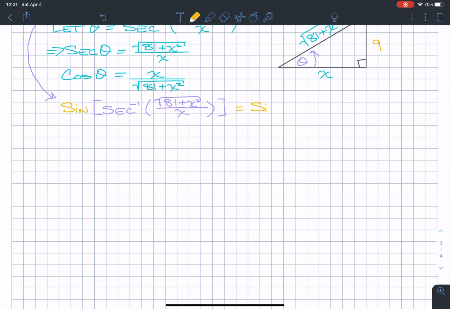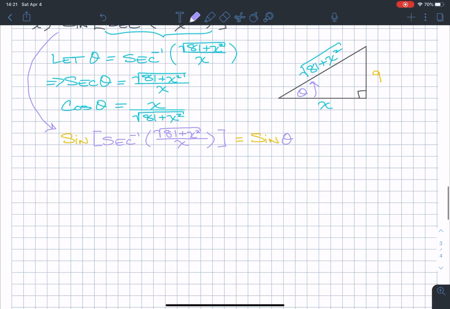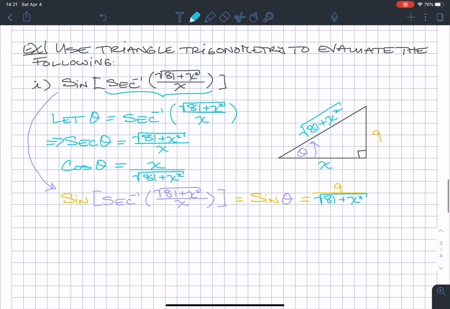I called that whole inverse secant just theta. Well, what is sine of theta according to this triangle? It's opposite 9 over hypotenuse, the square root of 81 plus x squared. Okay, so there we are.